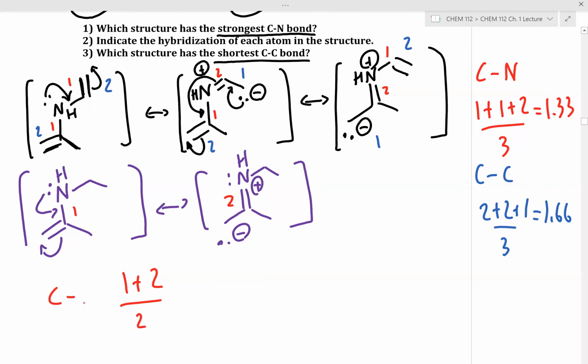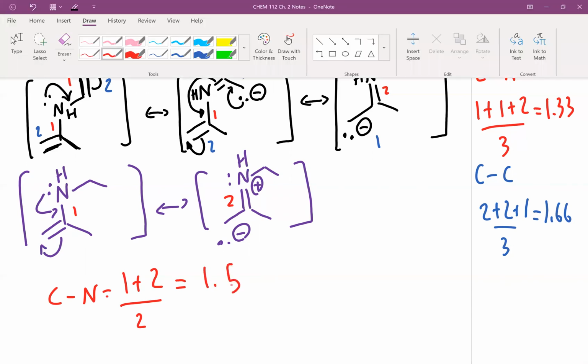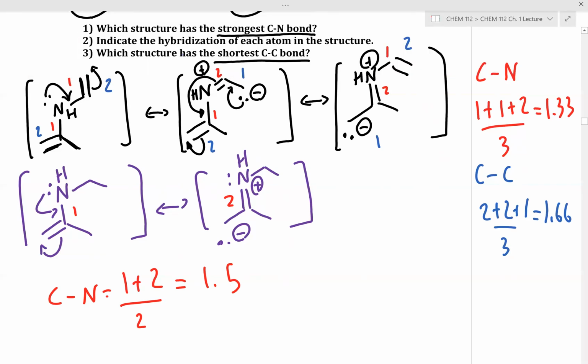And that in turn gives us a carbon-nitrogen bond order of 1.5. Let's do the same thing for our carbon-carbon bonds. So we see a bond order of 2 in the first example, 1 in the second. 2 plus 1 over 2 gives us 1.5 for our carbon-carbon bond order.